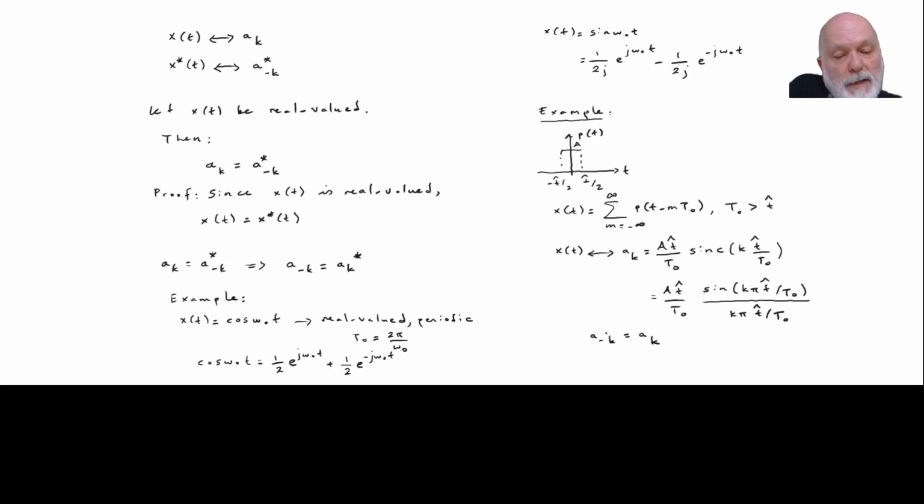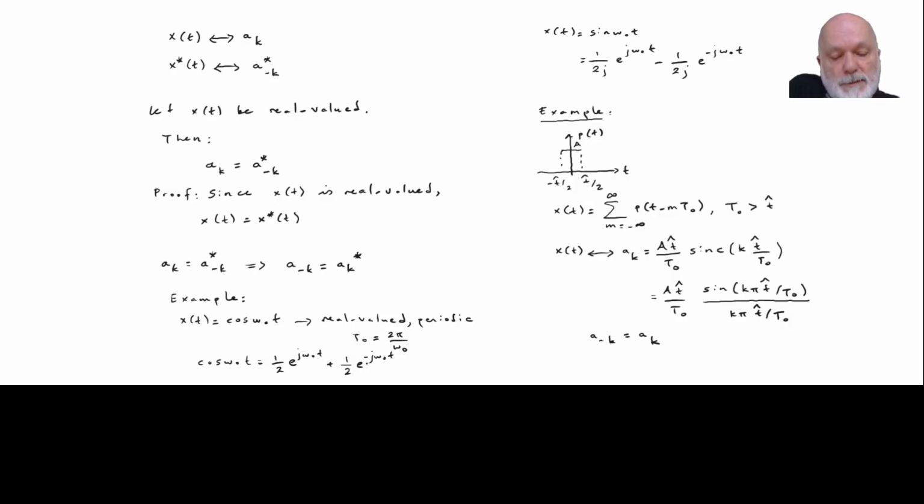Now, if we look at the previous example, in cosine omega 0 t, we have obtained coefficients in the Fourier series representation, which is composed of only two terms, as 1 over 2.